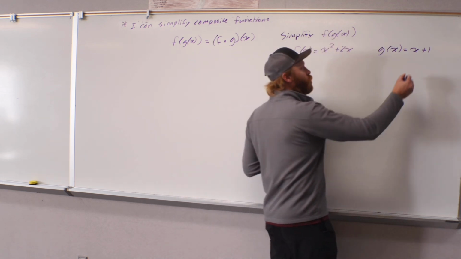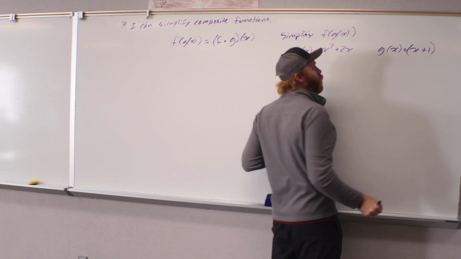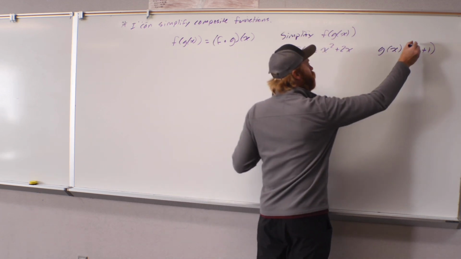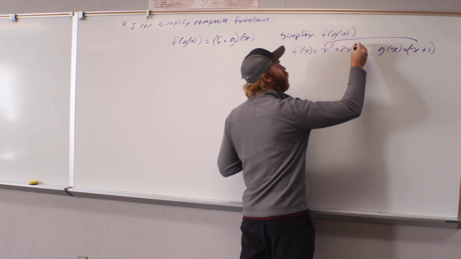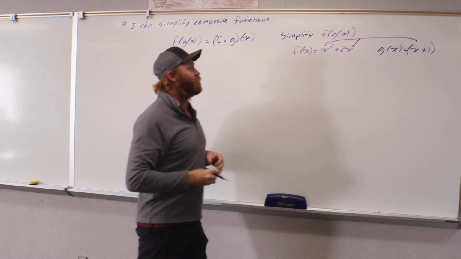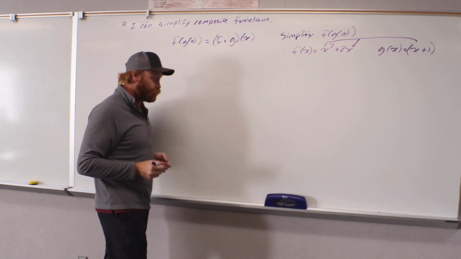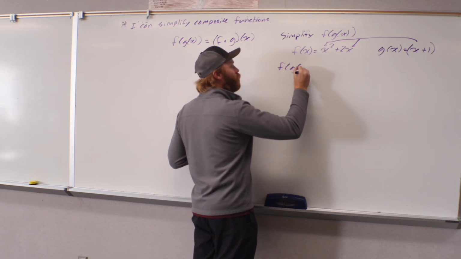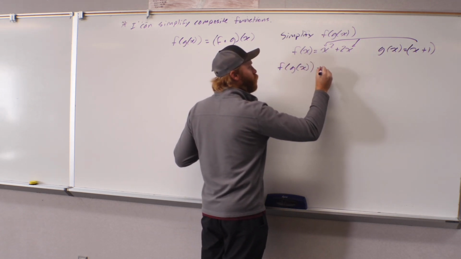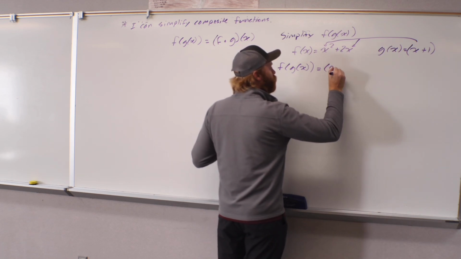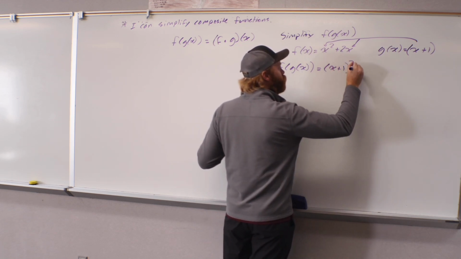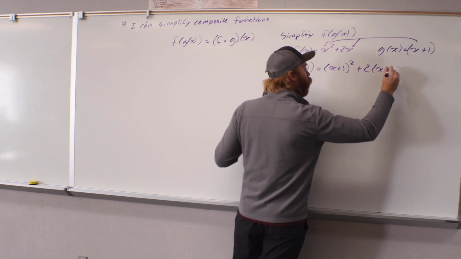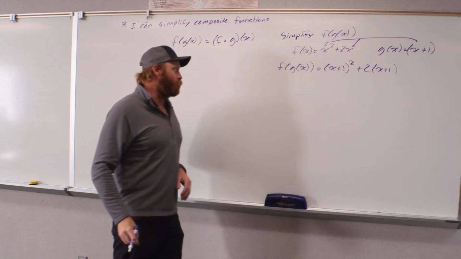So we're going to take this whole g of x function, and plug that into our f of x right into the x there. So here we go. We'd have f of g of x equals the function (x plus 1) squared plus 2 times the function (x plus 1). Okay, there's the first step.